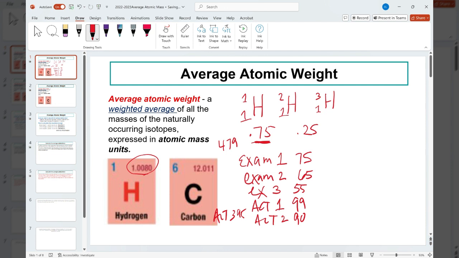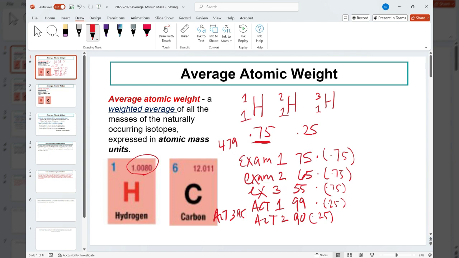But exams and activities are weighted differently. So we place more importance on your exams in this scenario versus the activities. So each exam is weighted 75%. So I would have to multiply each exam by 75% and each activity by 25% to get your actual total points.